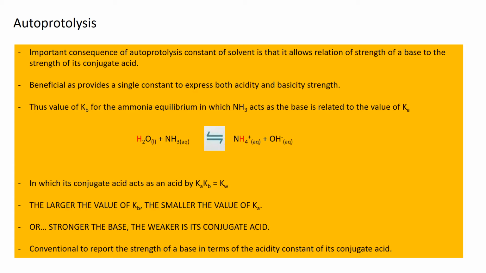So think back to that ammonia equilibrium that we looked at a couple of slides ago, in which ammonia acts as the base.